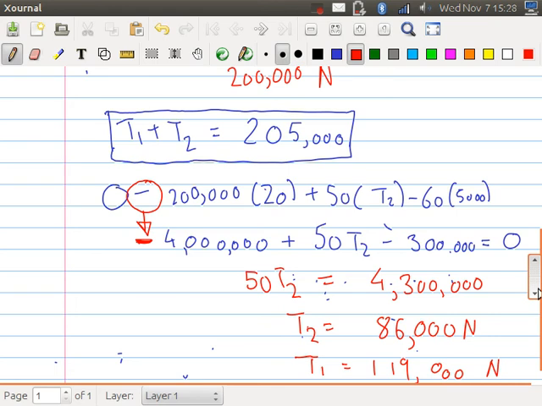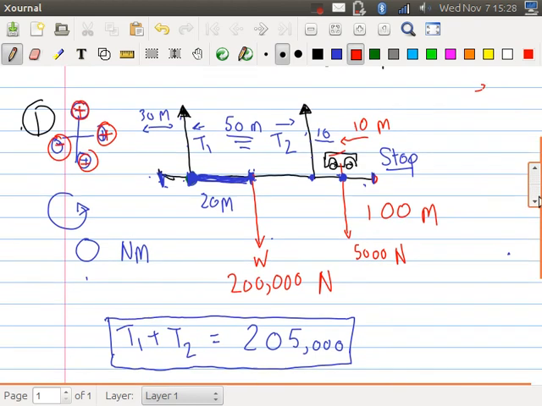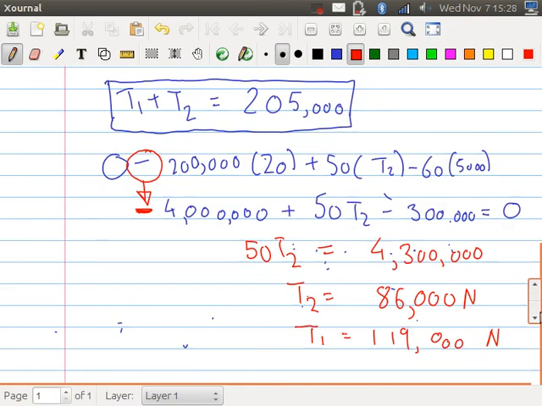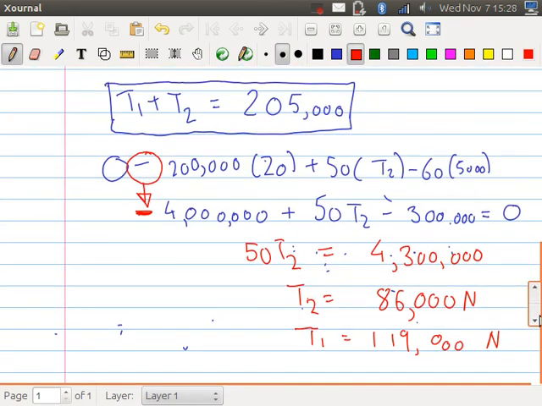Hang on, which way do I have it around on my diagram? Right. T2 will get smaller and T1 will get bigger. Yeah. Wait, did I write this the wrong way here? Let's have a look.